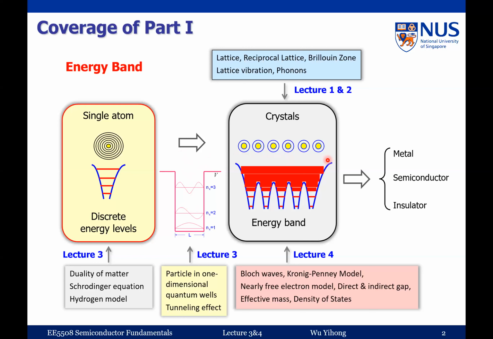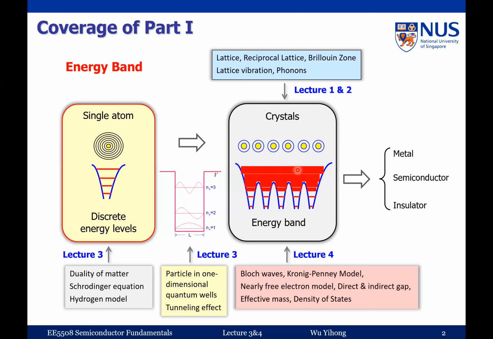So in real material, of course, we have an electrostatic potential formed by all the electrons from all the atoms. But the key point is that this electrostatic potential is periodic. This periodic potential will have a profound impact on the electron motion inside the material, and eventually it will give you a metal, semiconductor, or an insulator.